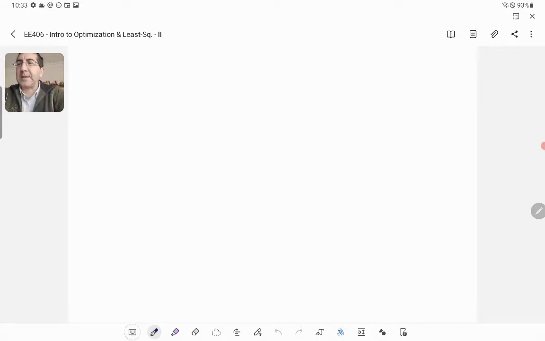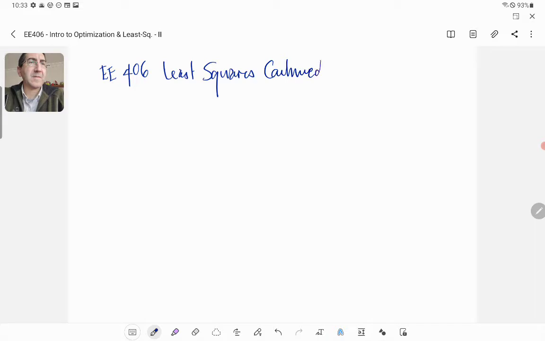And we discussed that if we have a number of variables in a model, let me just make a quick introduction: 406, least squares, continued.